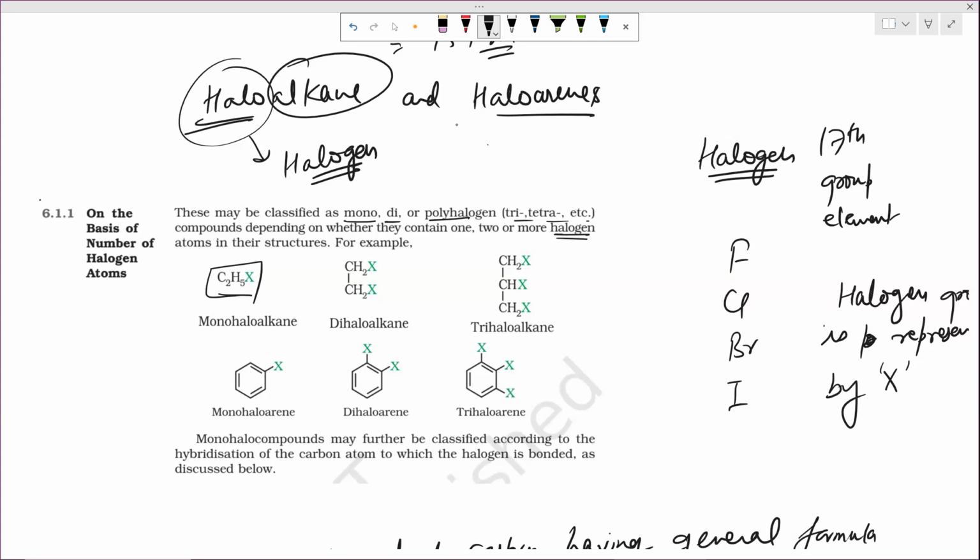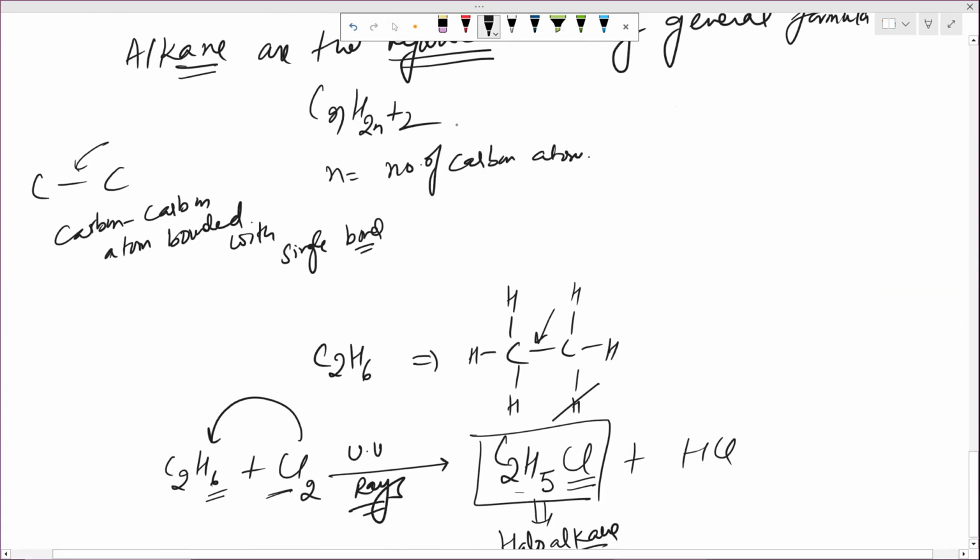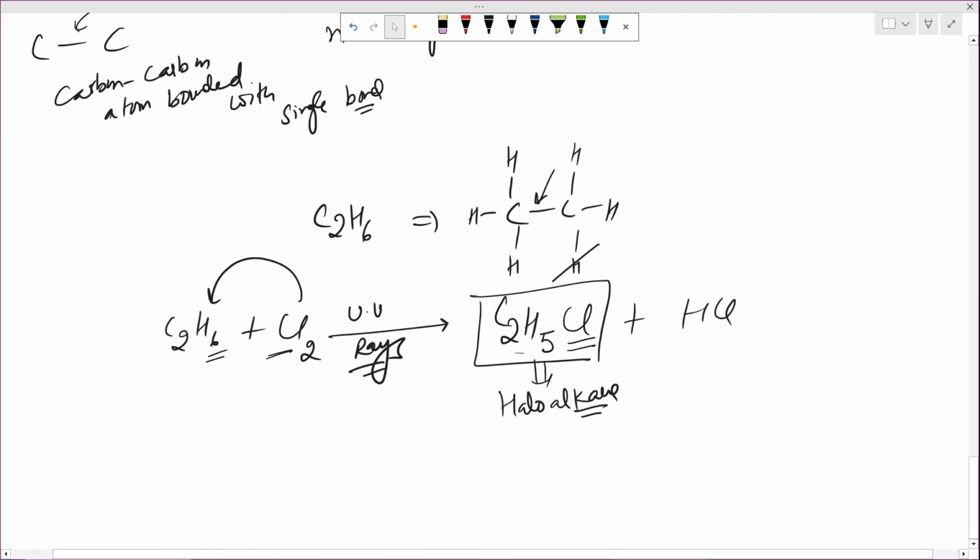Normal alkane is C2H6, but when we add one halogen to it, it will become a haloalkane.